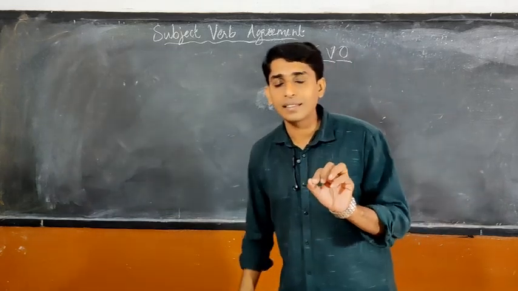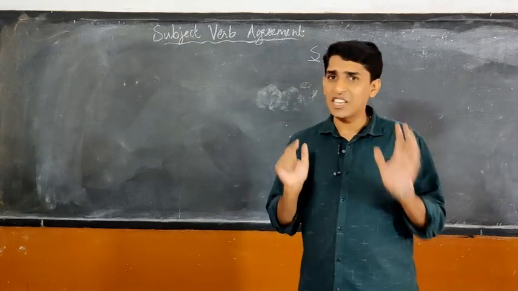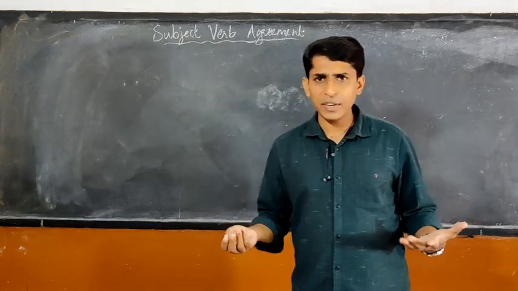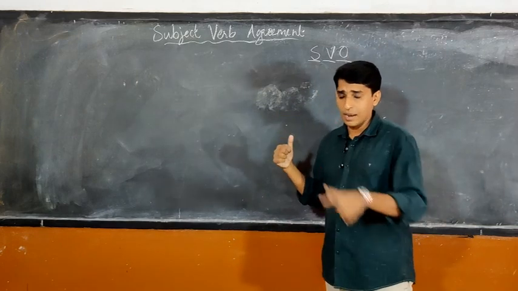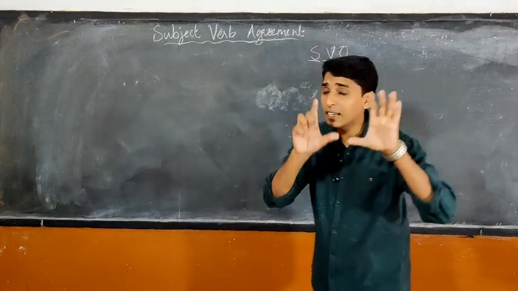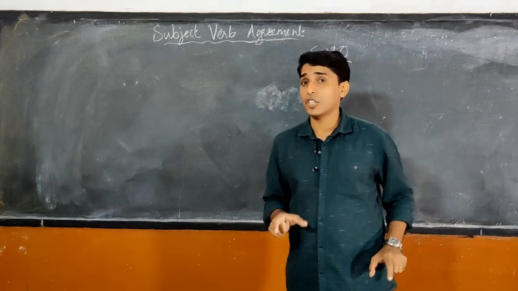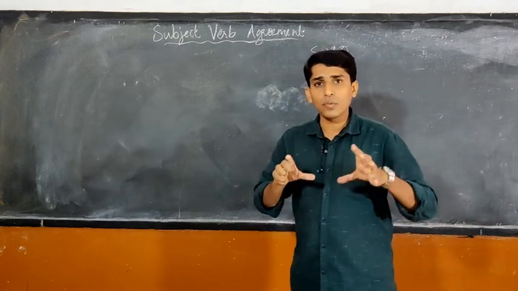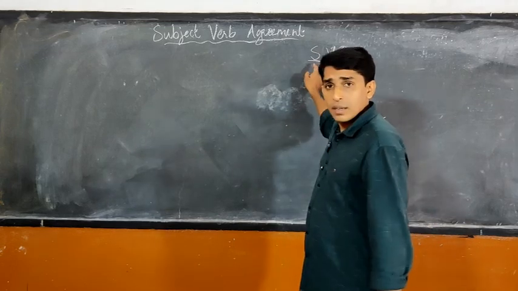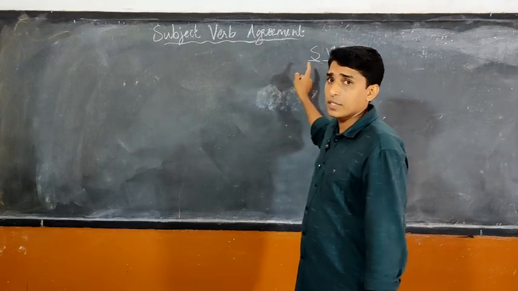The SVO pattern is the common pattern of a sentence. But it won't be every time. There are sentences without the object that we will see in our next grammar section. Today, for easy understanding, just keep in mind the common structure of a sentence is subject, then verb, then object.